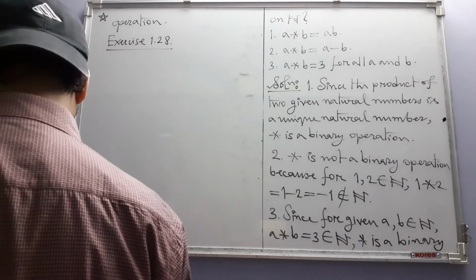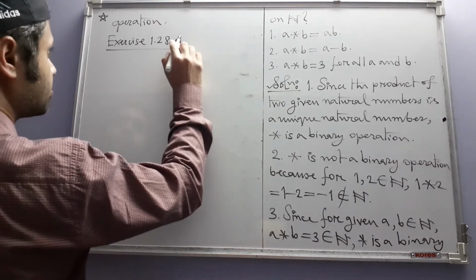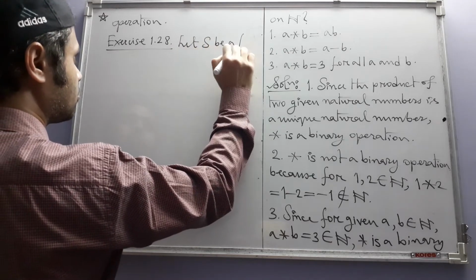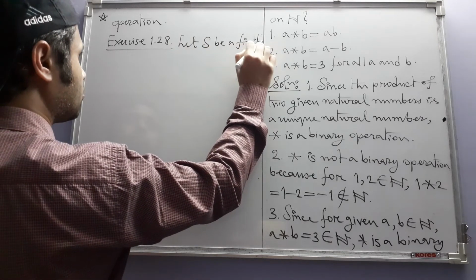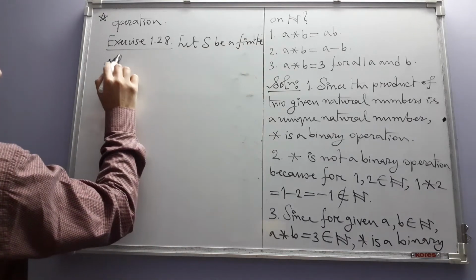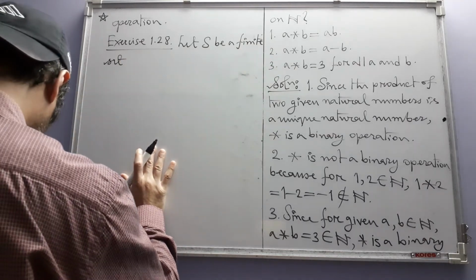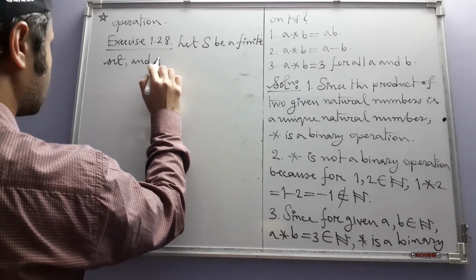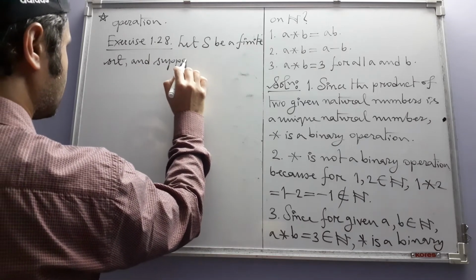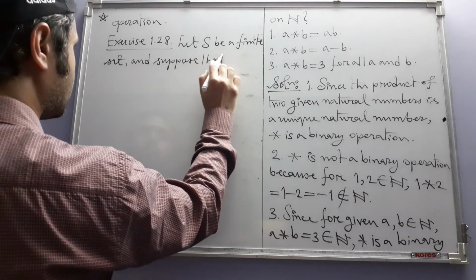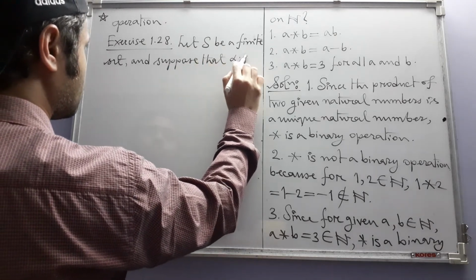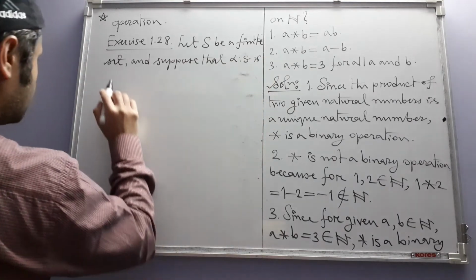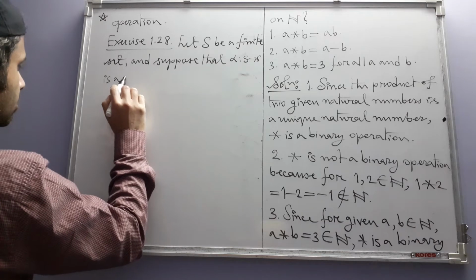Let S be a finite set, and suppose that alpha from S into S is a one-to-one function.